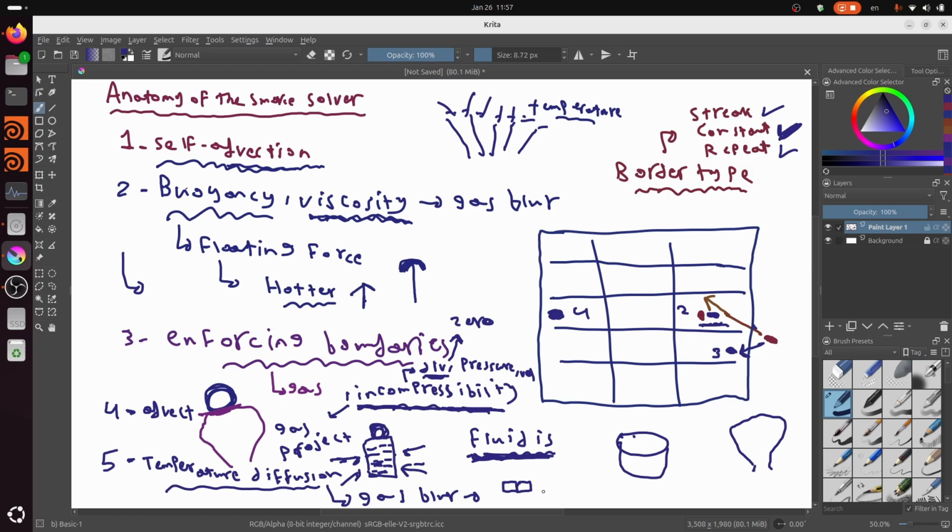When you, for example, see a fire or something and you have your smoke going up into the air, you find the smoke stops spreading at some time and dissipates, and this is by the temperature diffusion. And if you want your smoke to dissipate after it stops spreading, or by dissipation I mean gradually decay, you can use also a node called gas dissipate to reach this effect.